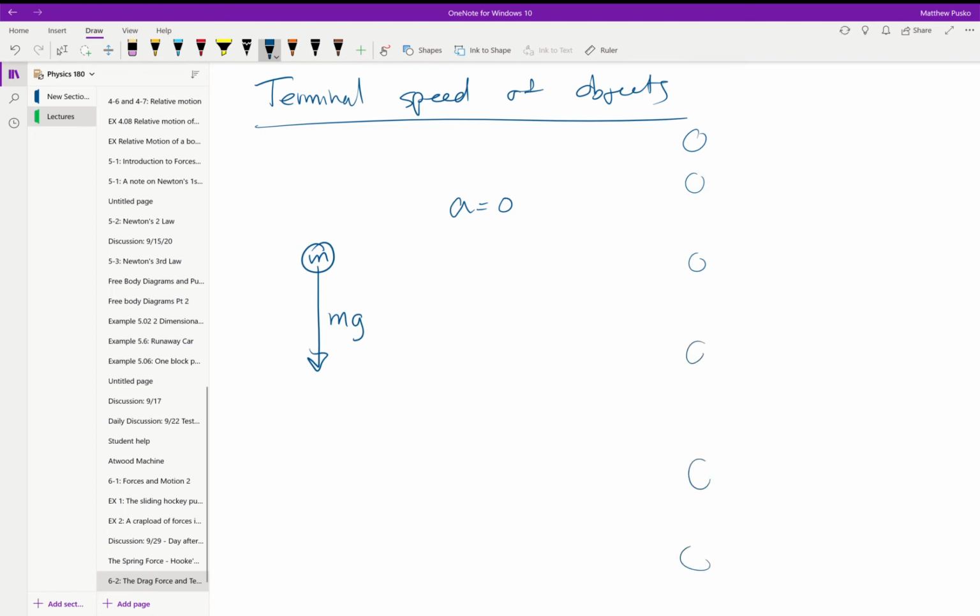And eventually it's going to reach some maximum speed. So terminal means end, but in this case it's like a maximum speed. It can't speed up anymore. It reaches a point where the acceleration is 0, and then acceleration is 0 because the force of drag ends up having the same exact magnitude as the weight.